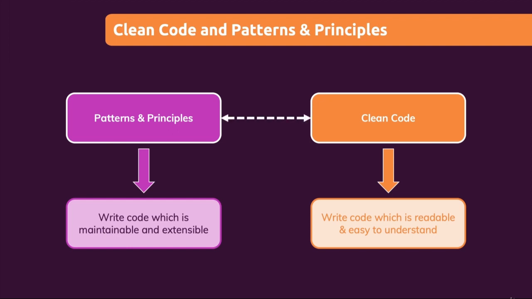If you follow these patterns and principles, you tend to end up with clean code, but you could also follow a lot of these principles and still write bad code. That's why we definitely focus on the clean code part here instead of covering all possible patterns and principles. If you are interested in all these patterns and principles, a course focusing on just object-oriented programming is, of course, the course you want to take.